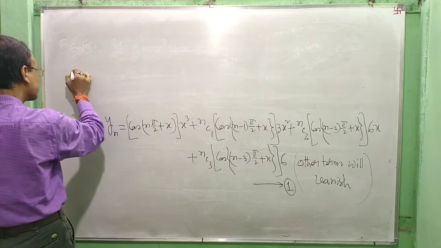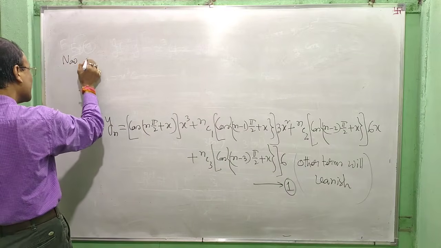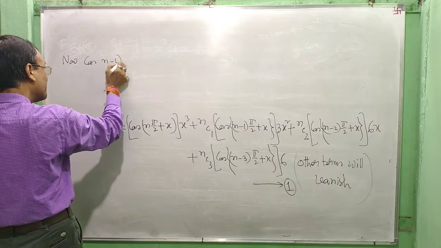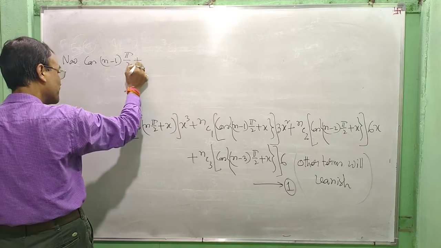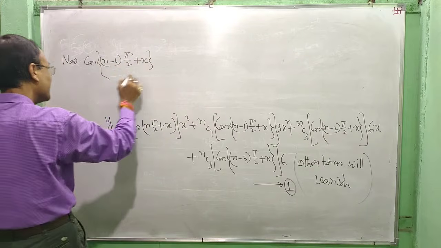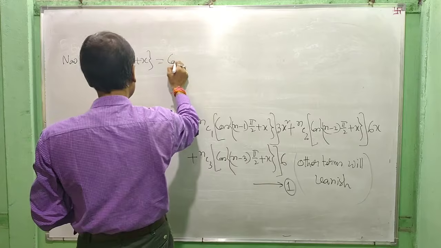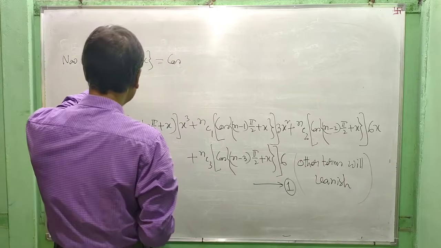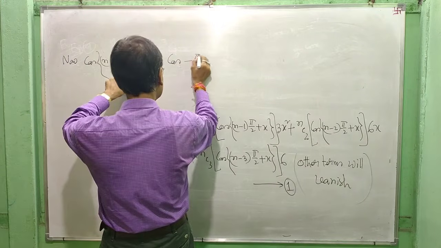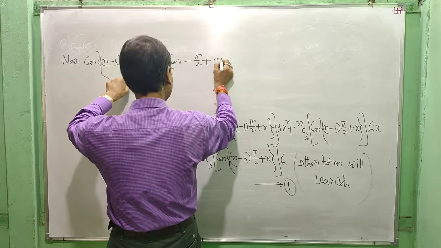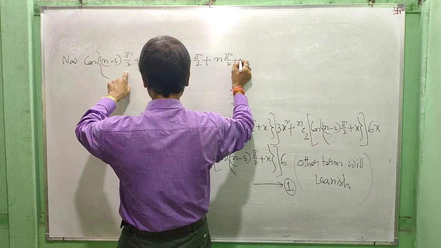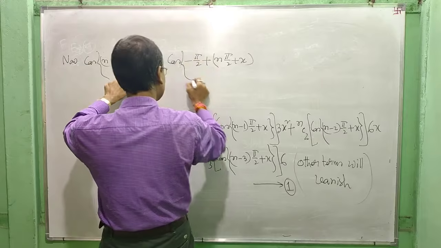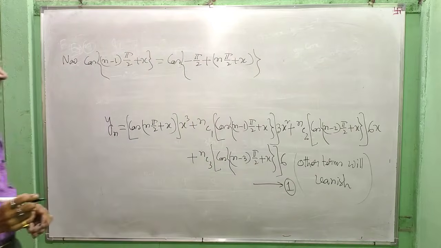Now, cos of n minus 1 times of pi by 2 plus x is equal to cos of minus pi by 2 plus n times of pi by 2 plus x. You may write like this also.